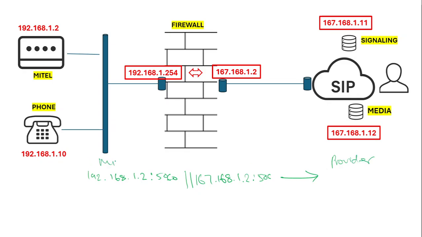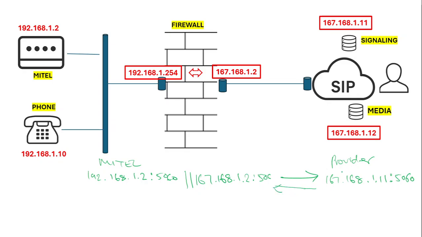This was the Mitel, going to the provider signaling IP address, which is 167.168.1.11 on port 5060.